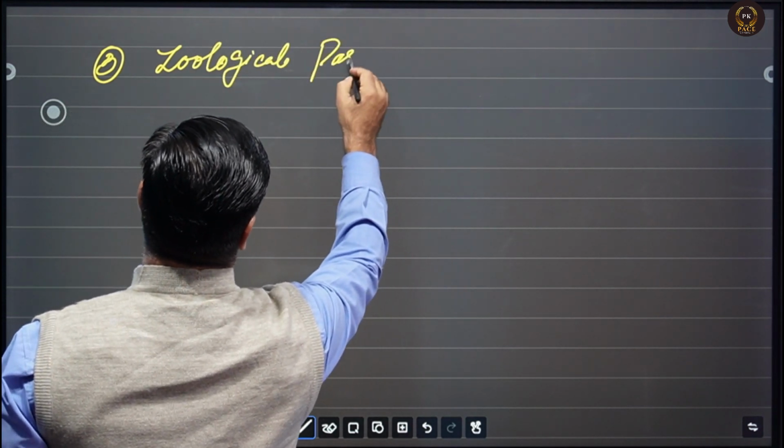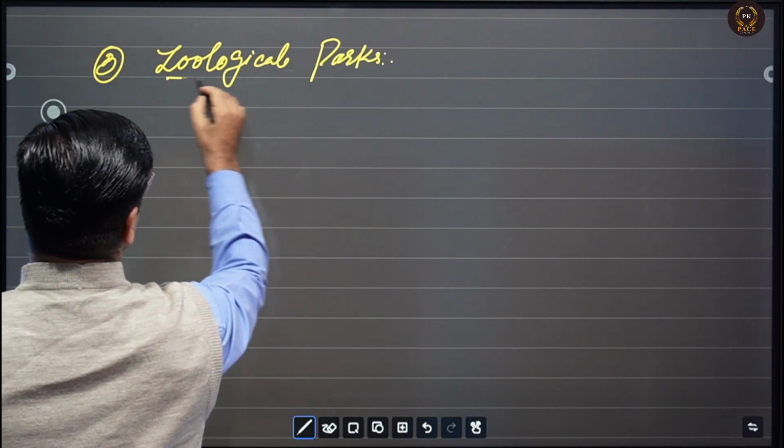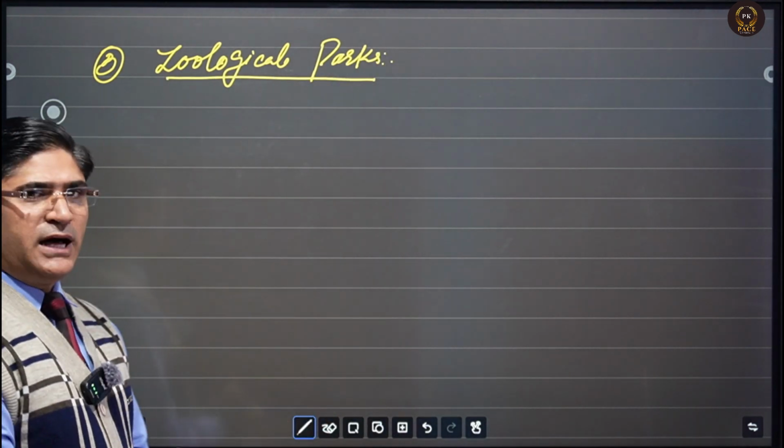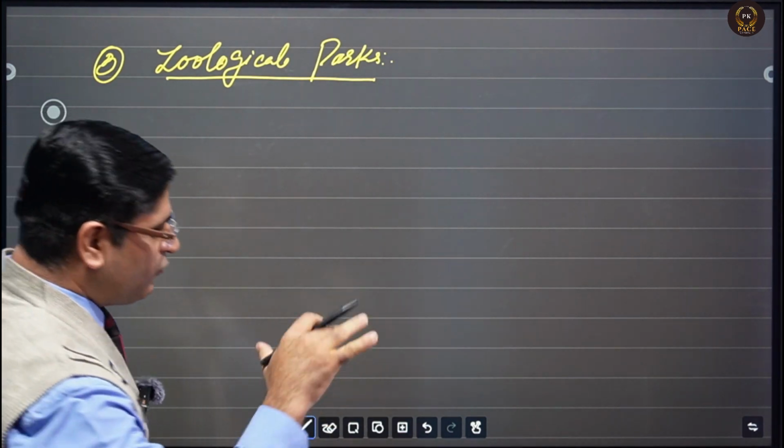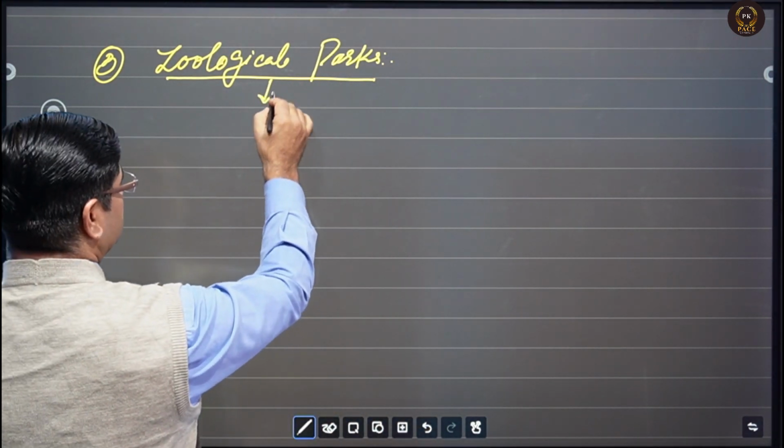Zoological parks. So, like the botanical gardens, why is the government developing zoological parks?